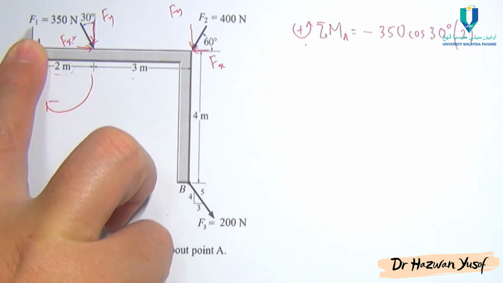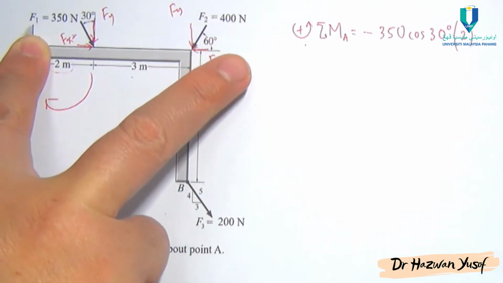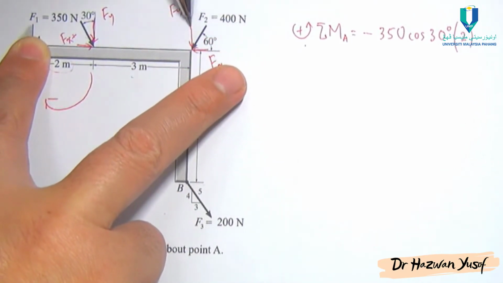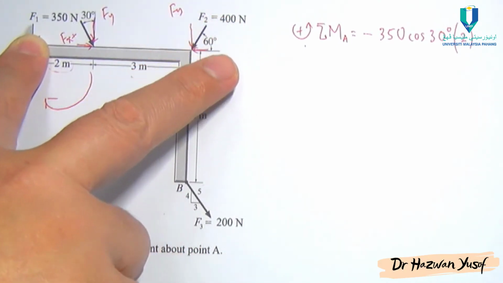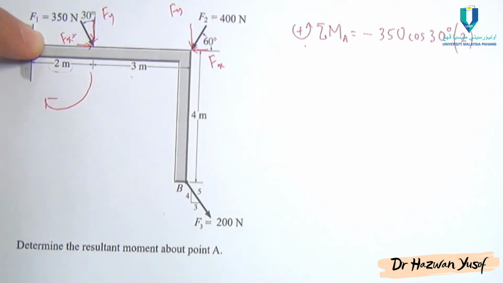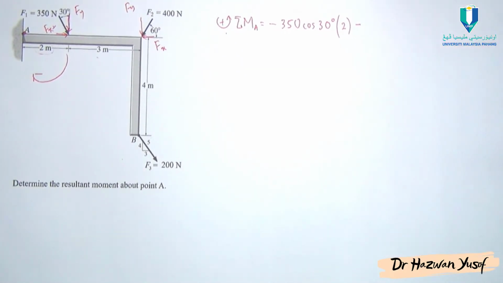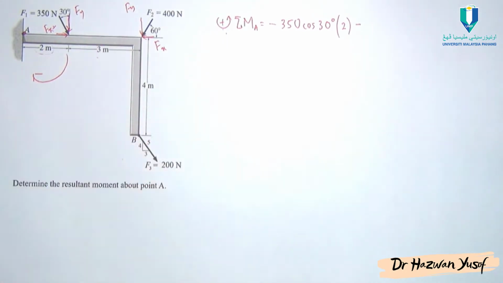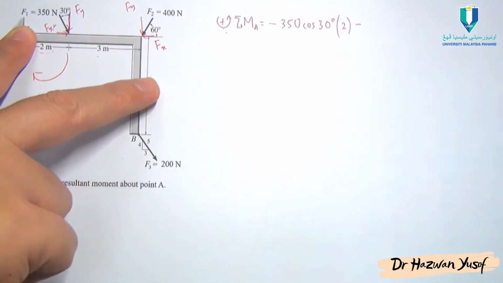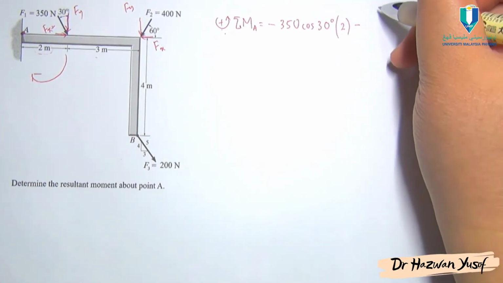One finger is at the rotation point, the other follows the direction of the force. The force here is pointing downwards, so it will rotate like this. So this one will be negative also, because our assumption is counterclockwise is positive, and this Fy is in the clockwise direction.